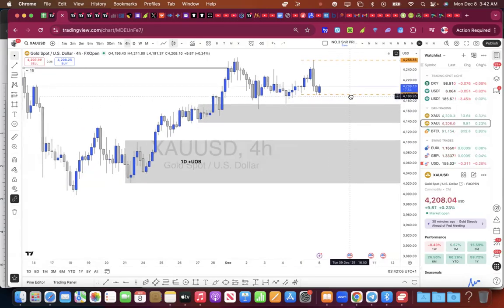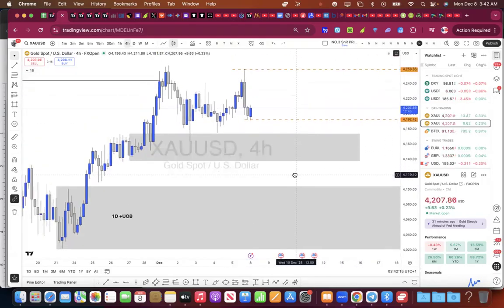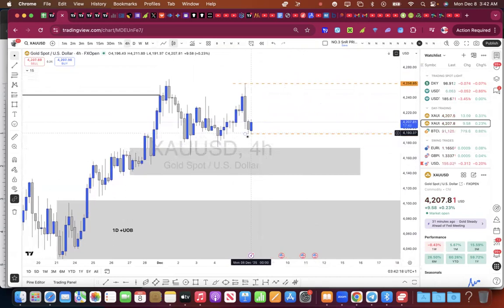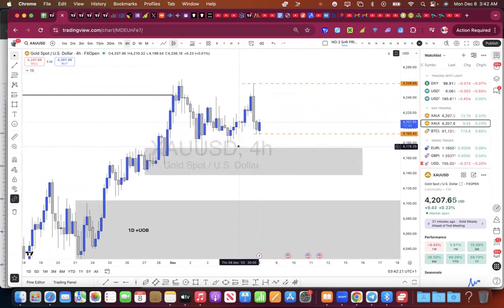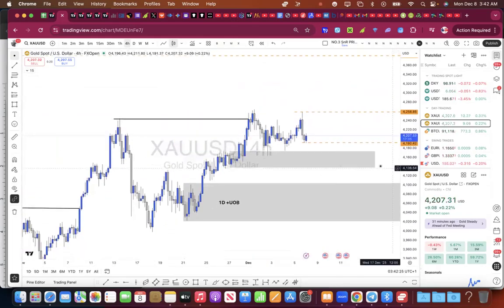Perhaps I think, if I'm not mistaken, there's a sweep of liquidity, because I'm seeing this candle that opened, but nevertheless. So in 4 hours, we still have a similar thing on gold.